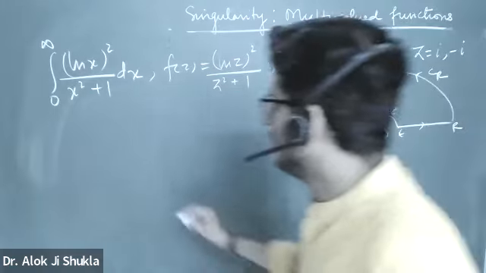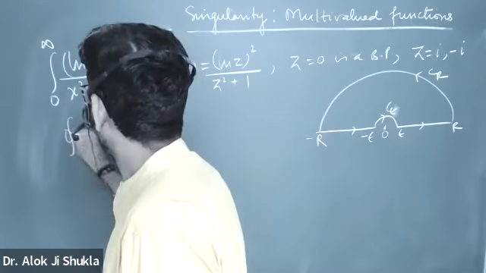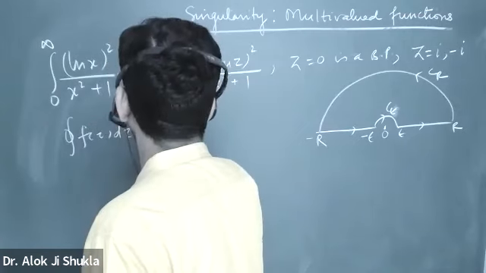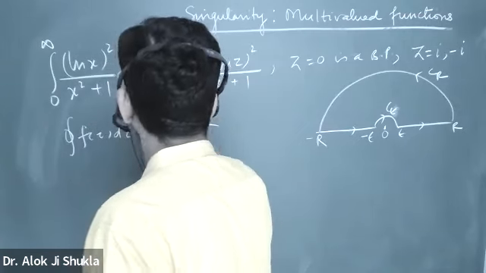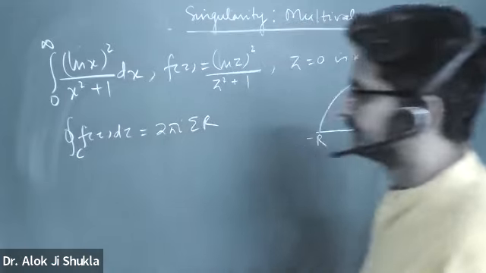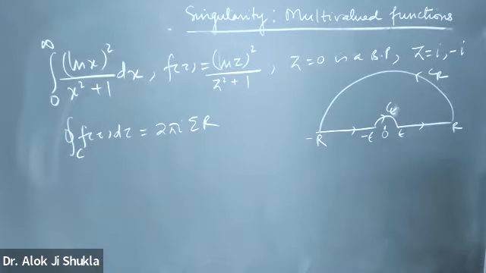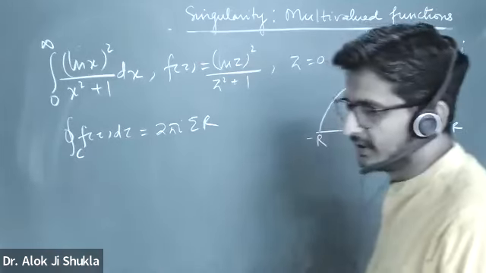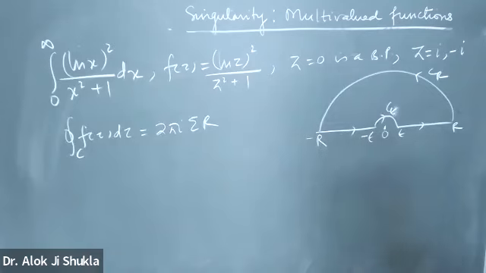So what I am going to write is contour integration f(z) dz is equal to 2 pi i sum of residues. That I can do or not? Yes sir. This is the Cauchy integral formula. Simple.